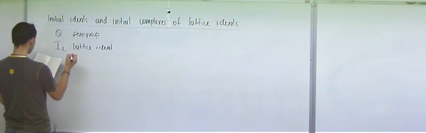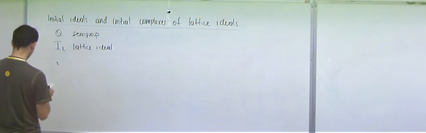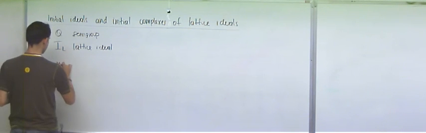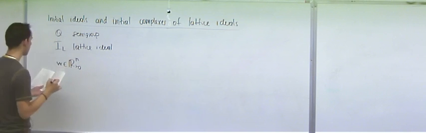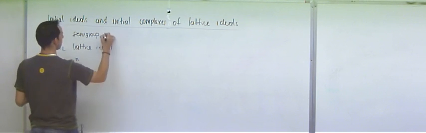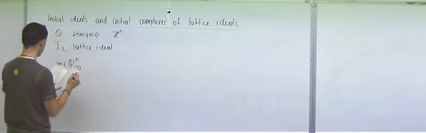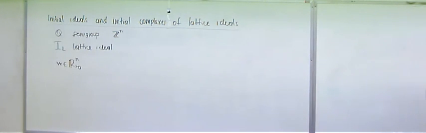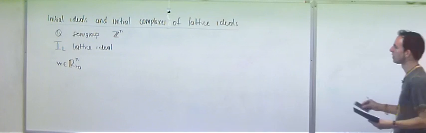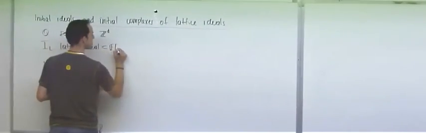So what we said is that if I take a weight vector, the way that I think about this is that this lives in Z^n. The lattice ideal is in the polynomial ring on n variables.